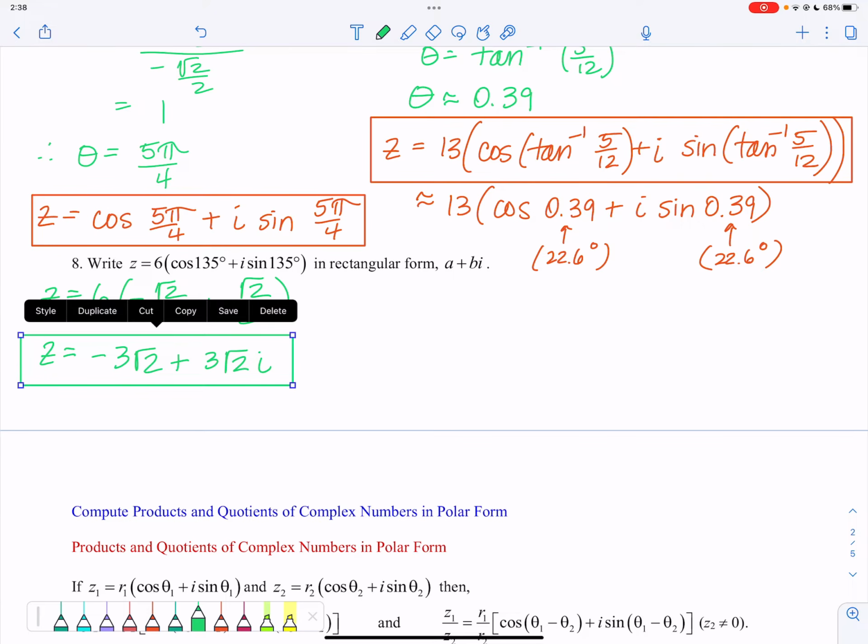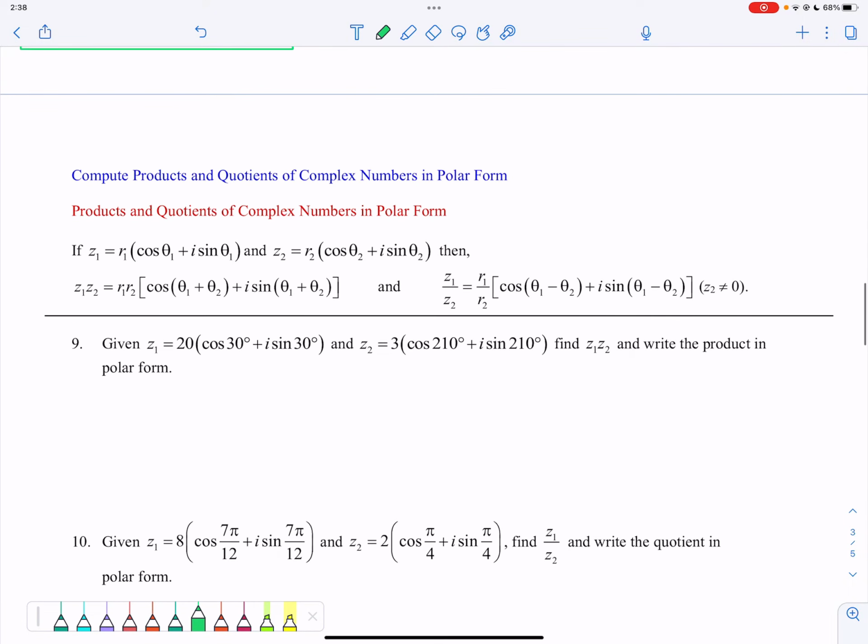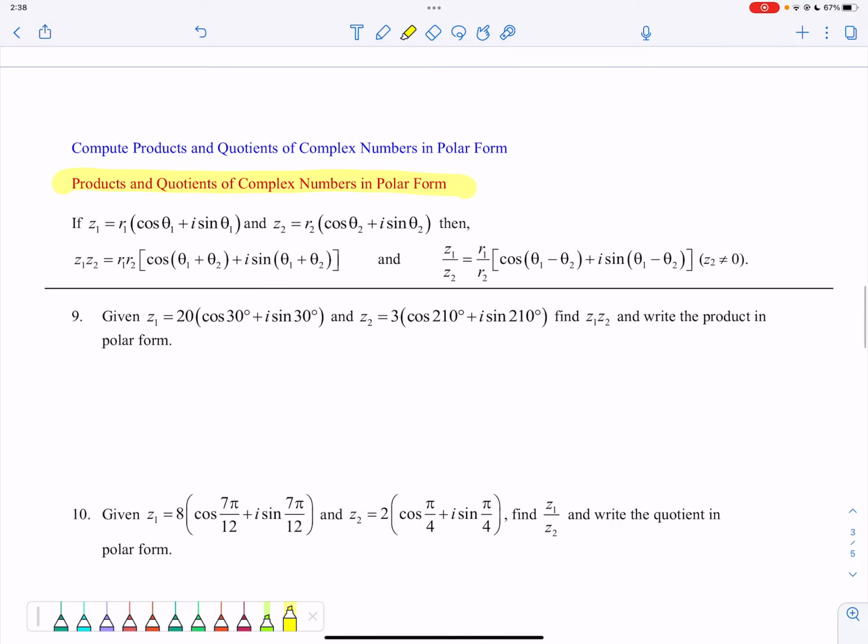Okay, let's talk about products and quotients of complex numbers in polar form. So we have that if we're given z1 and z2 in this form, they have their subscripts, that when we multiply them together, we can add these two angles together, okay?